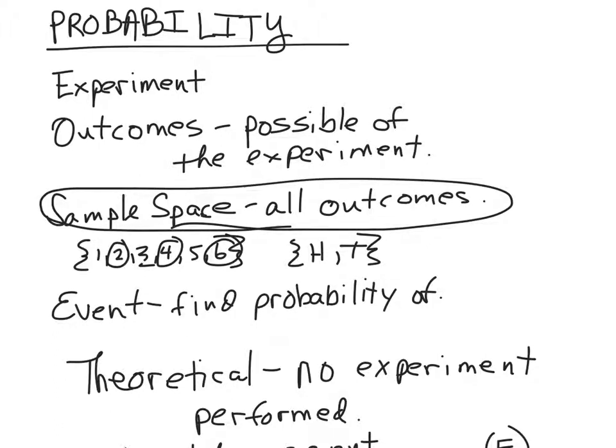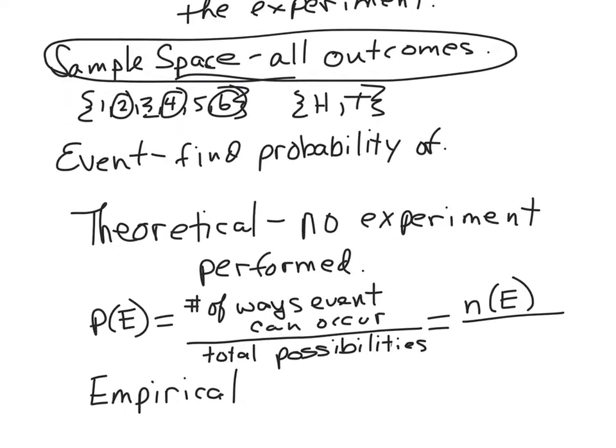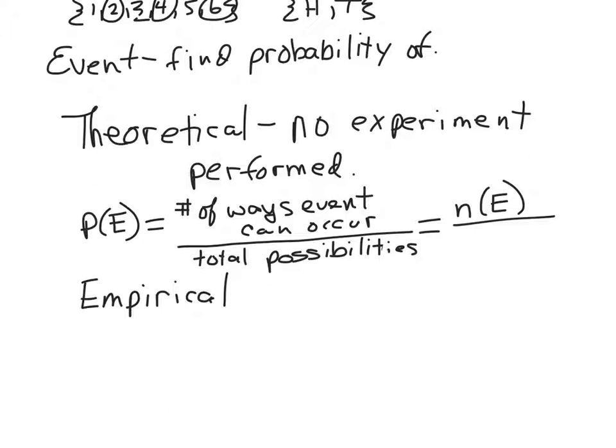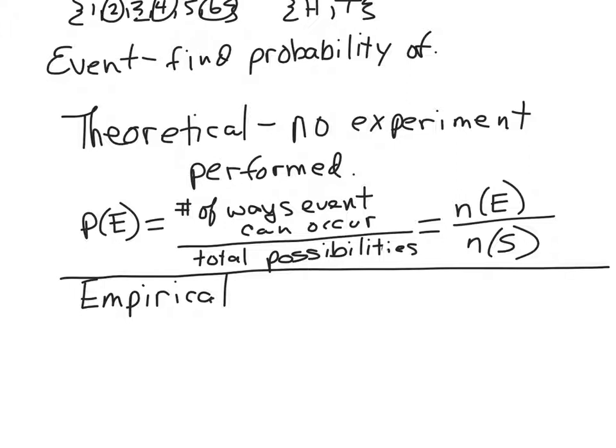So the total number of possibilities is your number of items in the sample space. So we usually call that N(S). So the definition of theoretical probability is the number of ways the event can occur over the number of items in the sample space.